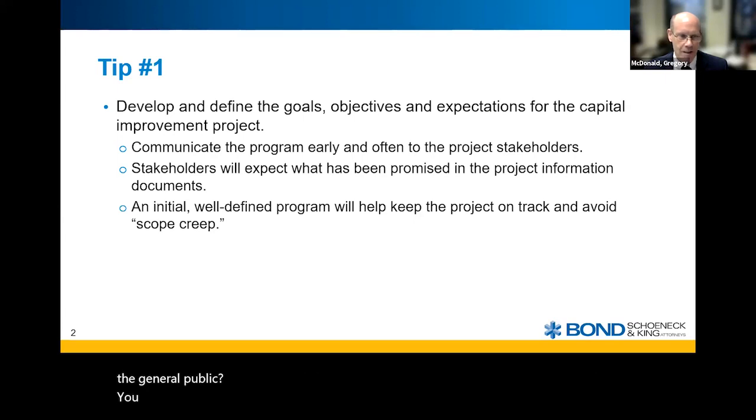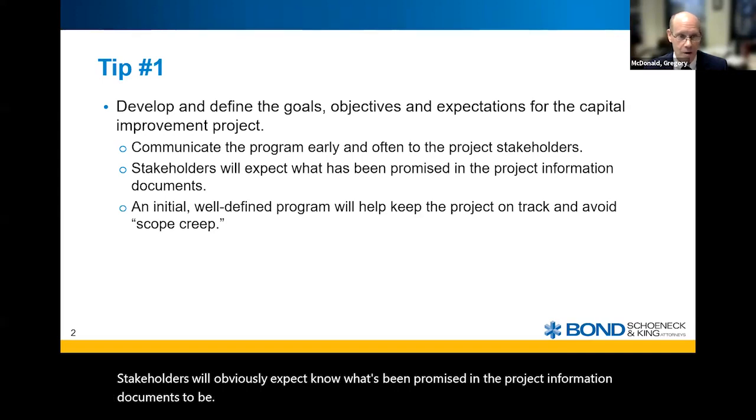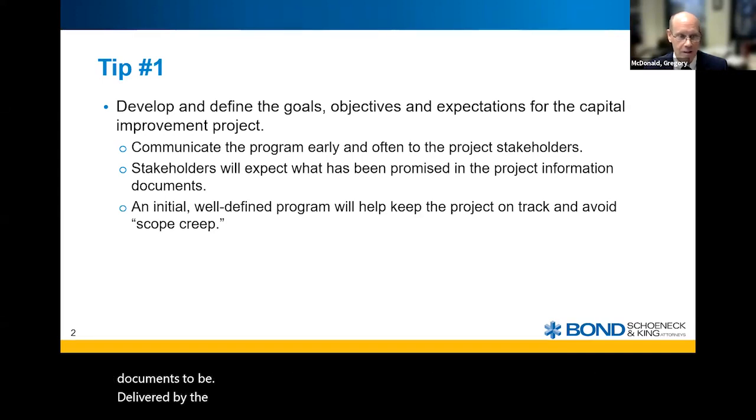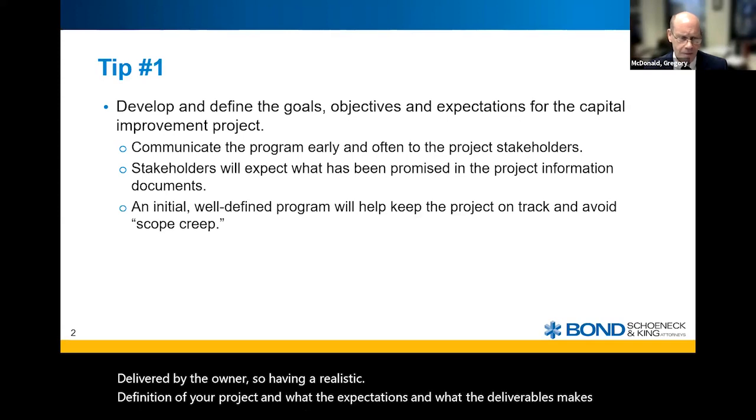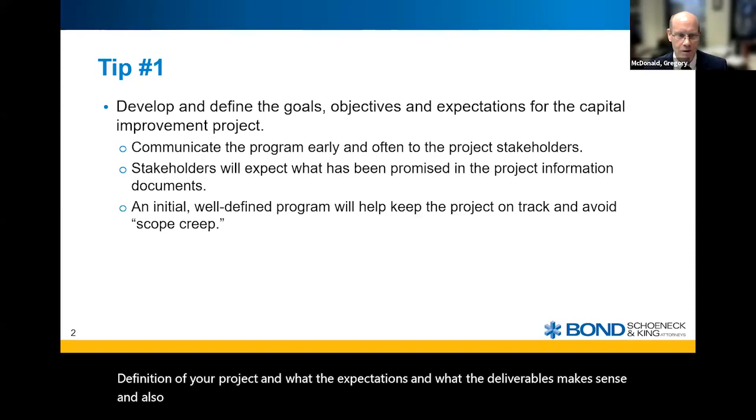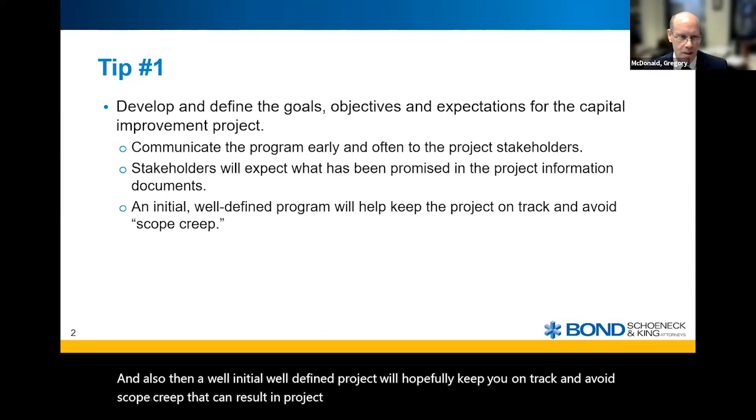Stakeholders will obviously expect what's been promised in the project information documents to be delivered by the owner. So having a realistic definition of your project, and what the expectations and deliverables are, makes sense. An initial well-defined project will hopefully keep you on track and avoid scope creep that can result in project delays and budget overages.